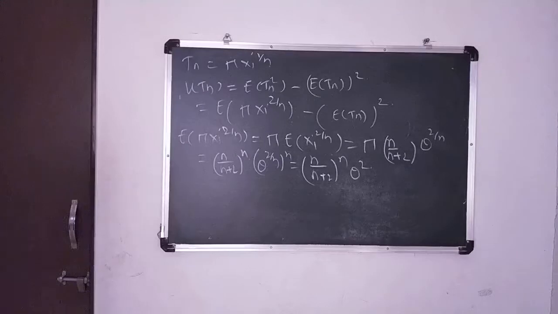So now we can find the variance. To find the variance, we have to find the expected value of Tn, and what is the expected value of Tn? We have derived it as n upon n plus 1 into theta raised to 1 upon n, that is the expected value of xi raised to 1 upon n.